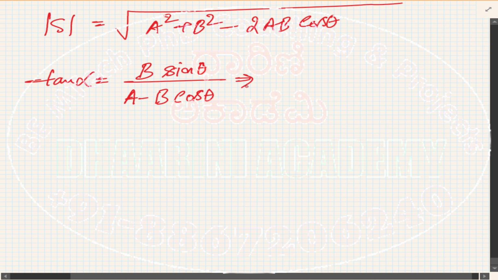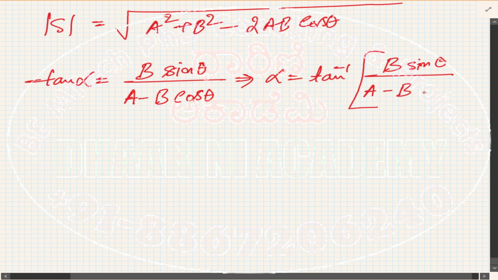So if you want to calculate the angle, alpha is equal to tan inverse of B sin theta divided by A minus B cos theta. Wherever you have a cos theta, that term becomes negative compared to the previous equation.